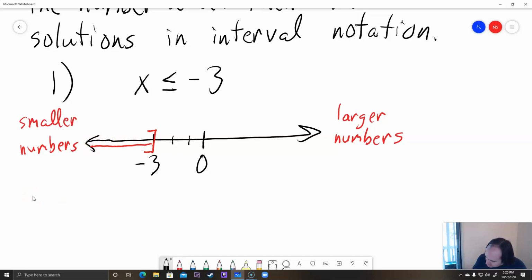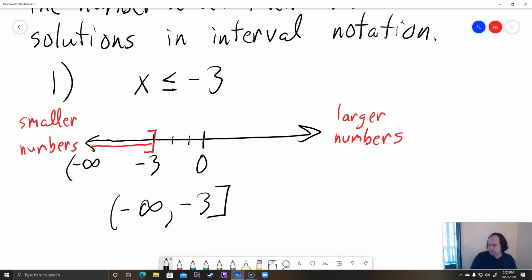The arrow to the left actually goes to negative infinity. So our interval is going to be a parentheses, negative infinity, comma, negative 3 bracket.